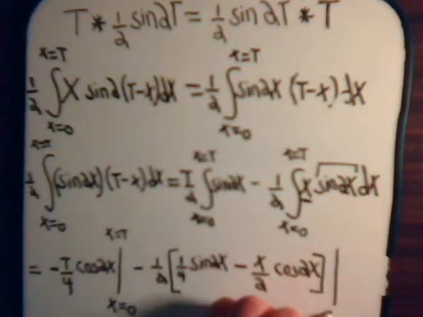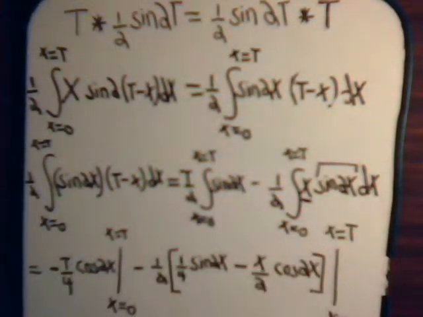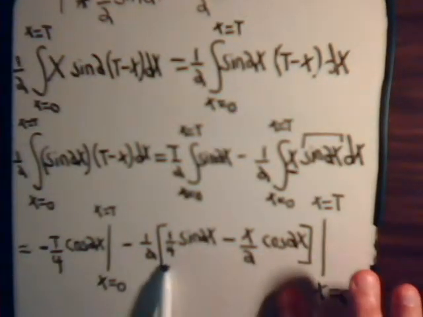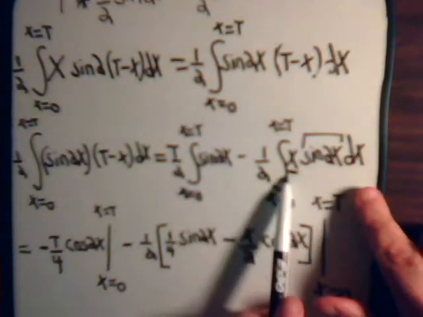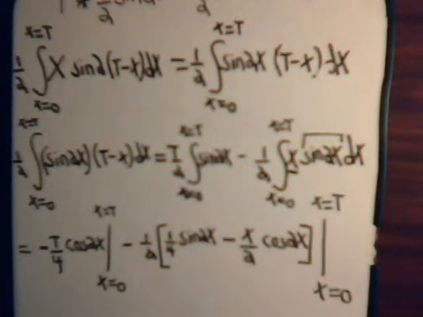And again, x goes from 0 to t. This is just integrating by parts, which we remember from elementary calculus.